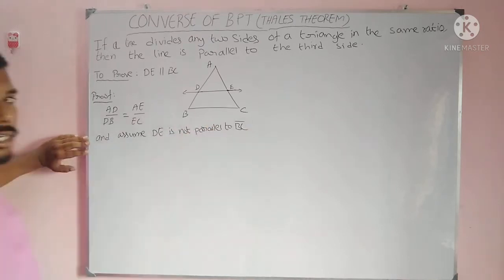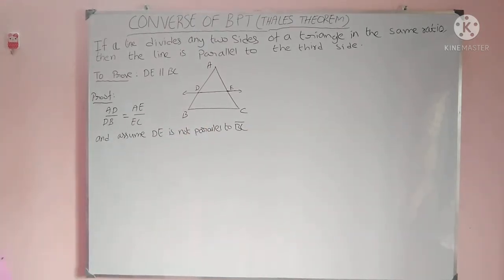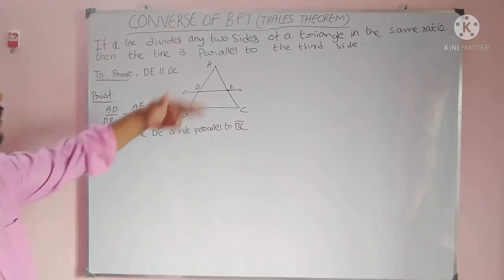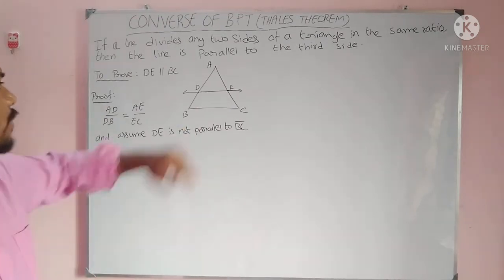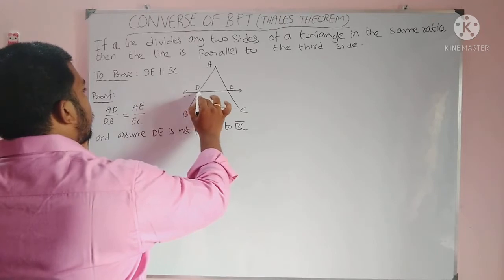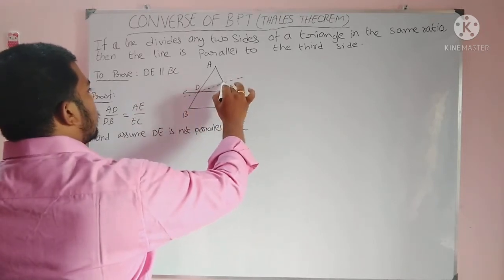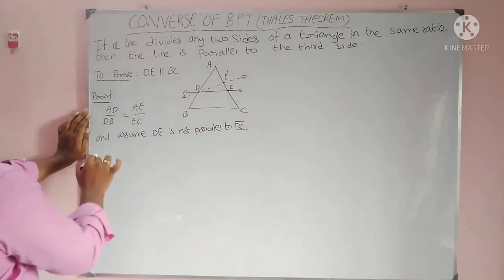This is our assumption. If DE is not parallel to BC, then definitely there must be one line which is parallel to BC. So assume DE dash is a line which is parallel to BC.